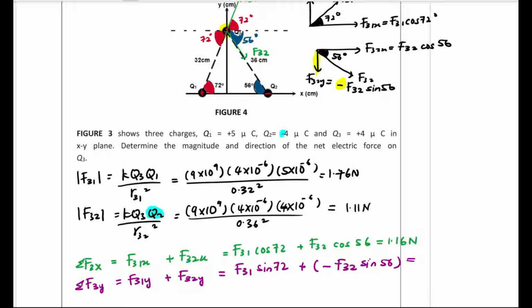Okay, press the calculator. Remember to take the values we already calculated earlier, F31 is 1.76 and F32 is 1.11. So the answer for total force in Y component is, no, that one is 0.75.